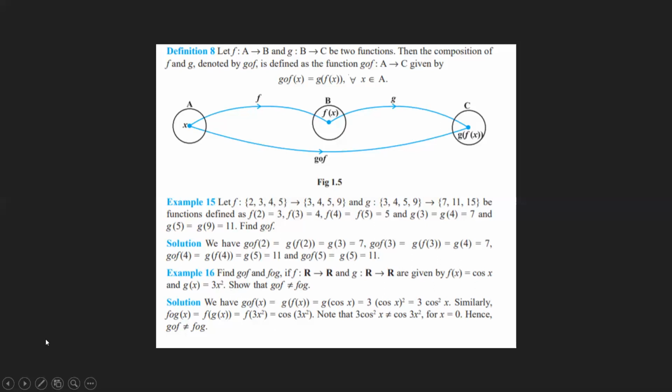Similarly, f of gx. Gx is 3x square. So it will become cos 3x square. Note that 3 cos square x and cos 3x square are not equal. So we can say that GOF is not equal to FOG.